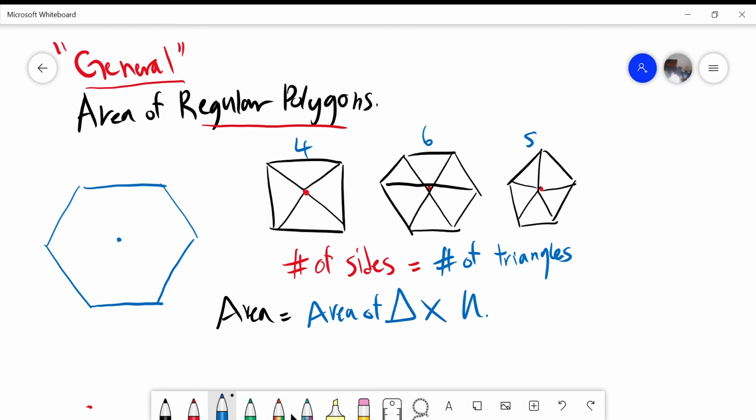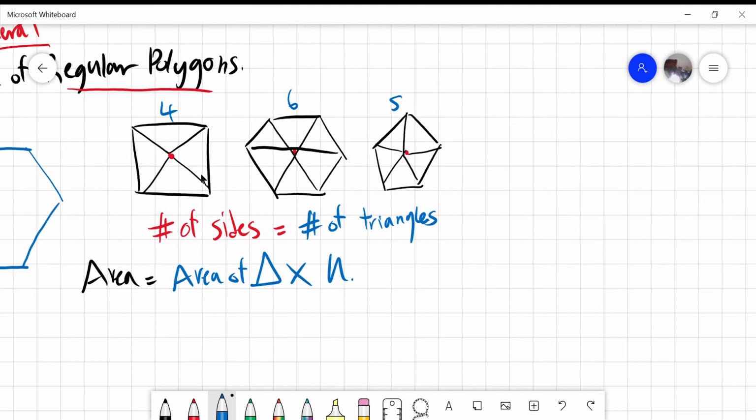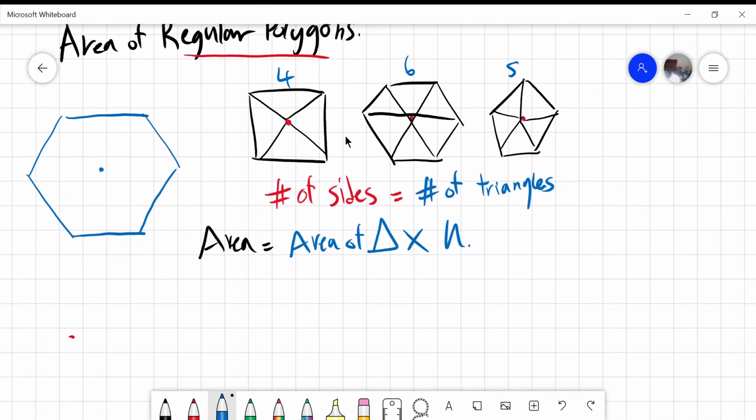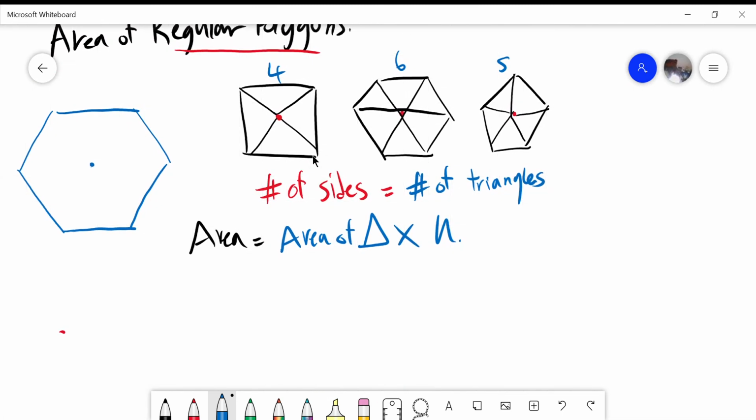Okay, so we have this to work with here. Now we can start to derive the general formula for the area of a polygon. So what is the area of the triangle? Well, let's use our first one here.